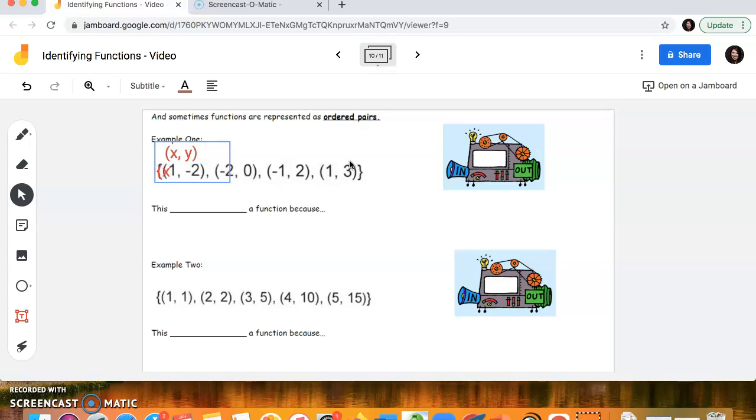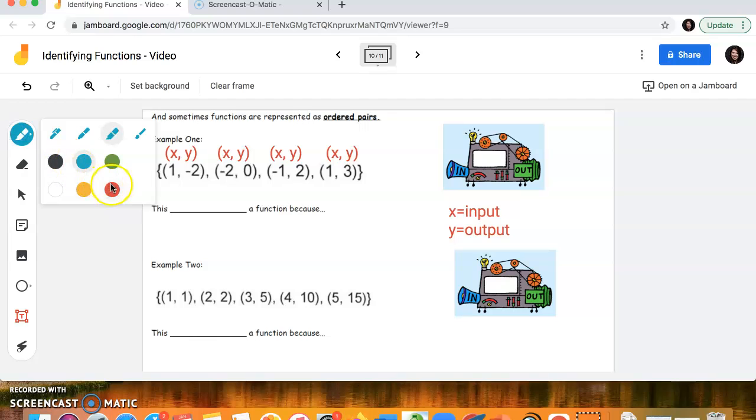The x always goes first, and the y goes second. So this isn't new information for you. But what might be new is that our input, x, is our input, y is our output. And that's always going to be true.